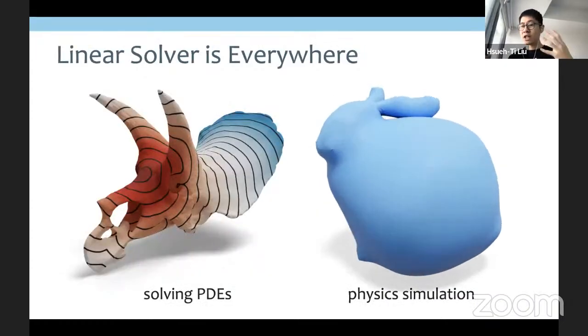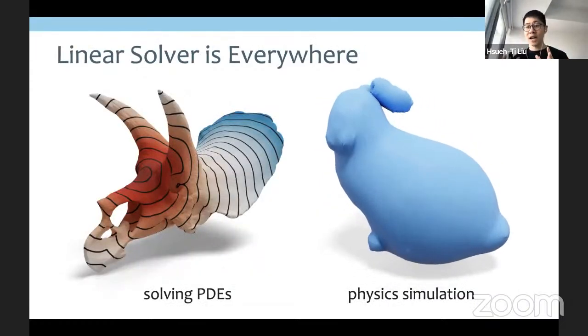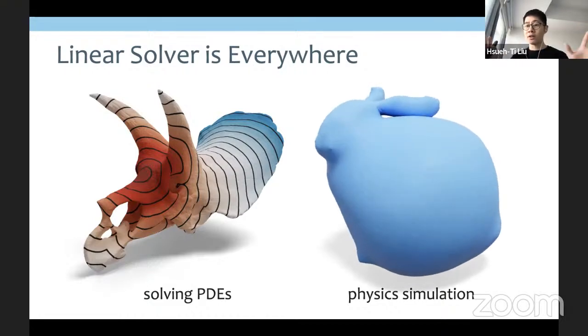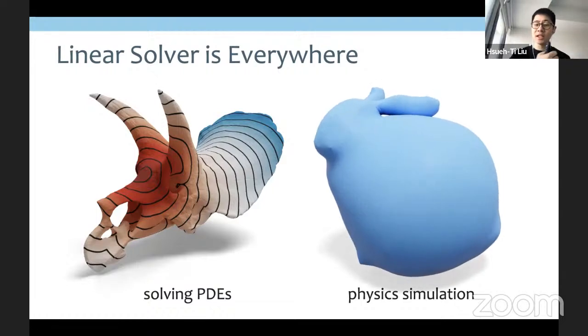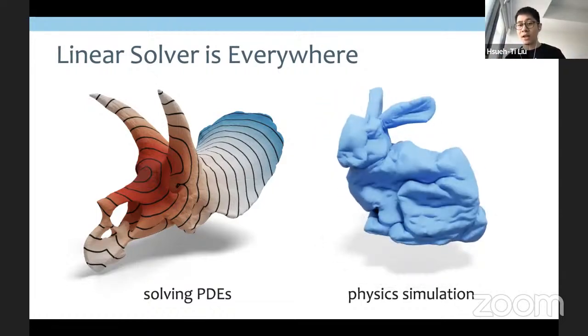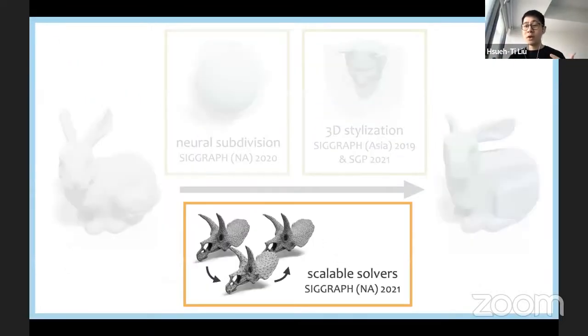And not just content creation, the linear solver is actually a bottleneck of a lot of other geometry processing tasks, for example, solving PDEs or doing simulation. This motivates us to study whether we can invent solvers that are more scalable, so that we can accelerate content creation and other geometry processing tasks.